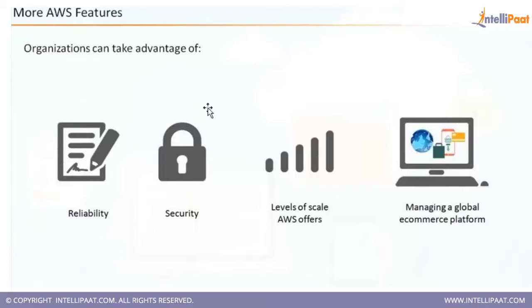Currently they have more than 52 locations, or I can say availability zones, in the world. So there is no need to worry about the availability of your infrastructure. It's just up to you, according to your requirement, how you are going to design your infrastructure. That is one of the key features while designing your infrastructure on AWS.